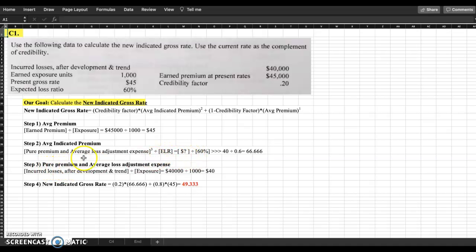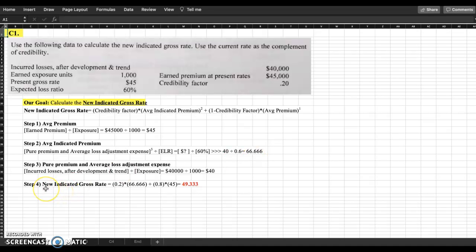The third step is to find the pure premium. We do this by incurred losses after development and trend, which is 40,000, divided by exposure. So 40,000 divided by 1,000 is 40. Now we can put that in here to find the average indicated premium, which is $66.